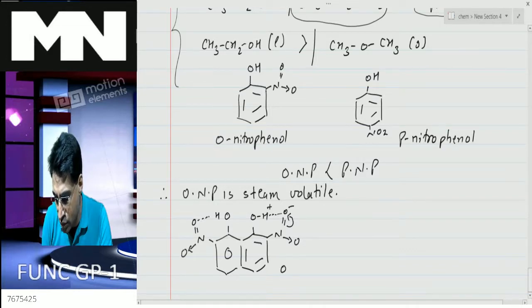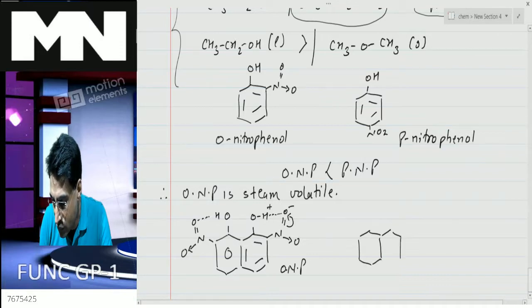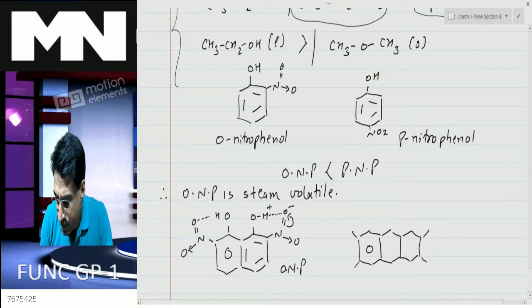This is orthonitrophenol. Now what about para-nitrophenol? If I talk about para-nitrophenol, it forms long, endless chains. So here I can see a chain of para-nitrophenol like this.